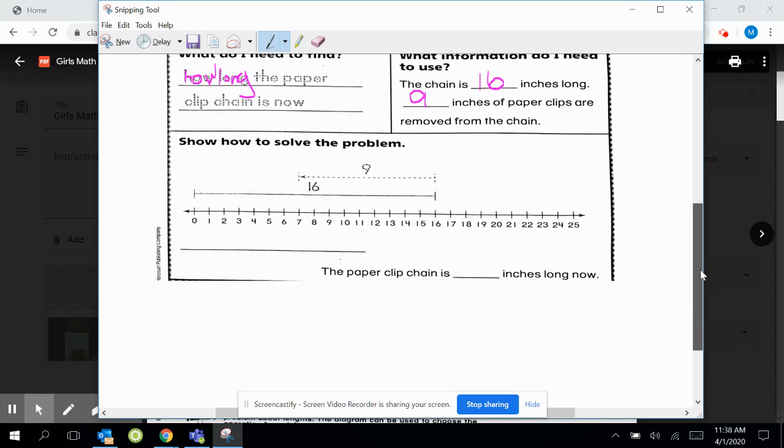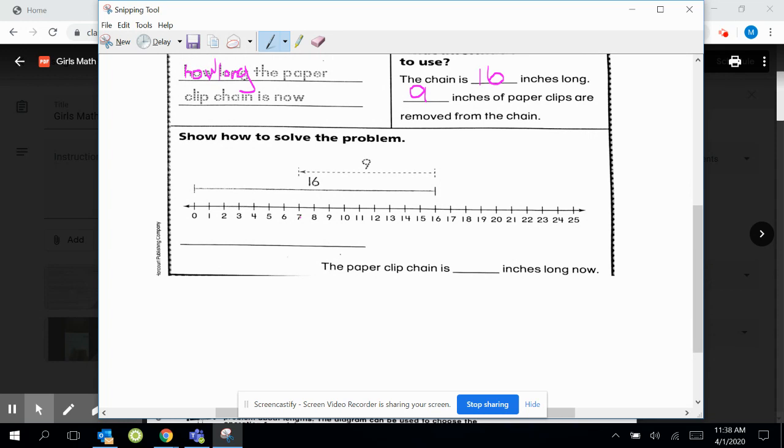Okay? So now down here they drew a picture to help us. So originally our chain was 16 inches long. Okay, but then they removed some. They removed, so they went backwards on the number line. They removed 9 inches. And where does that end up being? 7 inches, right?